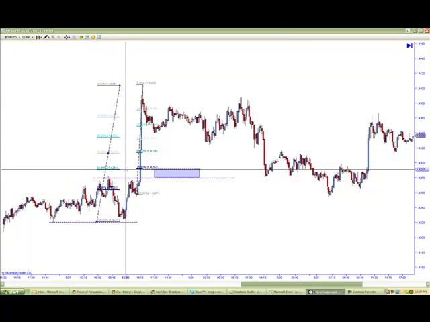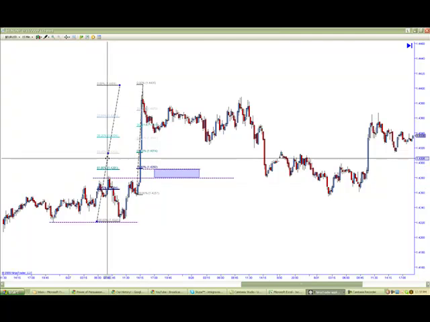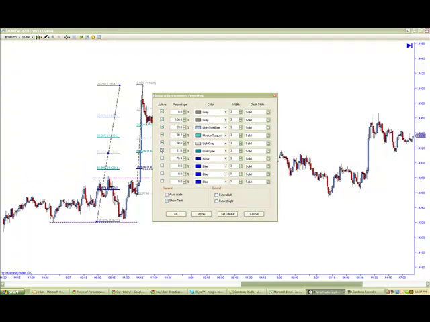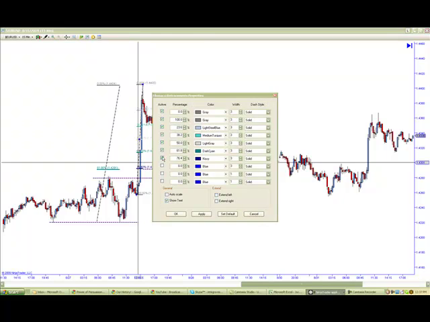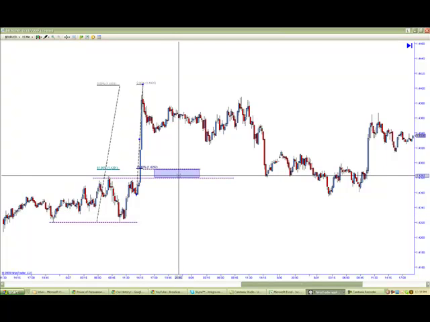We have a 61 and a 76, depending on which one of these two legs we look at. So let's take out everything but the 61 on that leg, and then take out everything but the 76 on the next leg. So we have this zone of support.